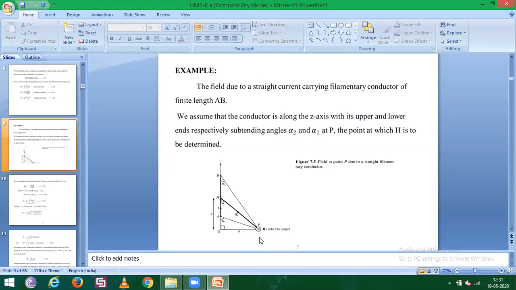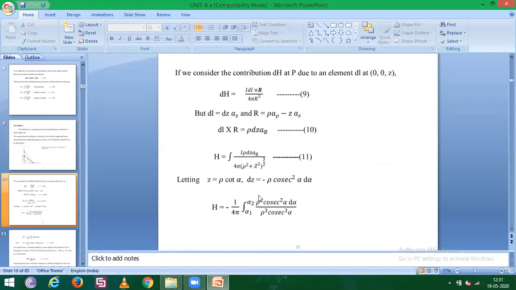The destination point is rho comma phi comma 0, and the source point is 0 comma phi comma z. So you'll have rho minus 0 a rho, phi minus phi 0, and 0 minus z a z. So it is rho a rho minus z a z.